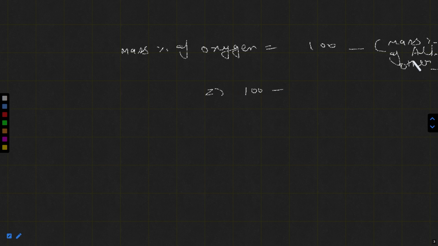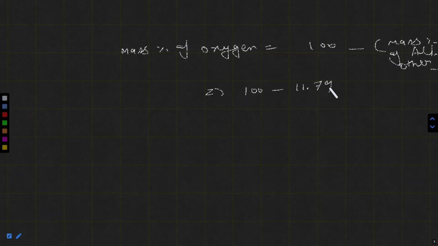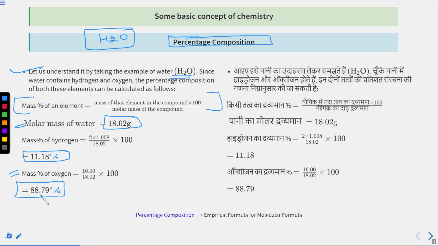So 100 minus 11.18 gives approximately 88.82, and the same value we got here, 88.79.